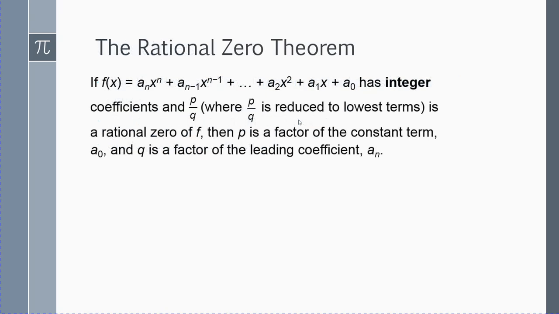Okay, so let's start with the rational zero theorem. If you have some function f of x that looks like this: a sub n times x to the n, plus a sub n minus 1 times x to the n minus 1, and so on. This is just the form of a polynomial function.